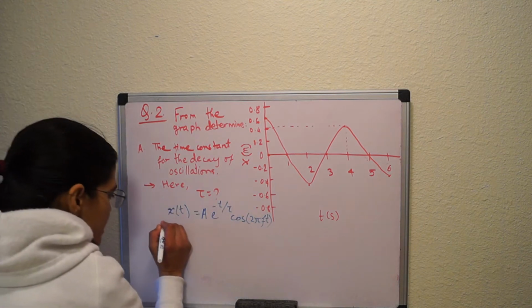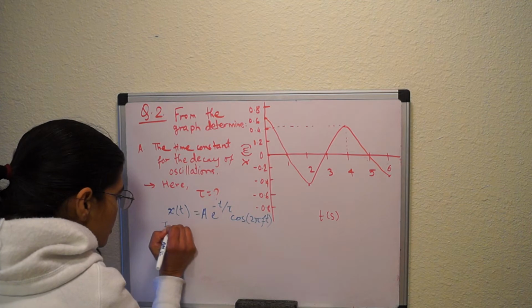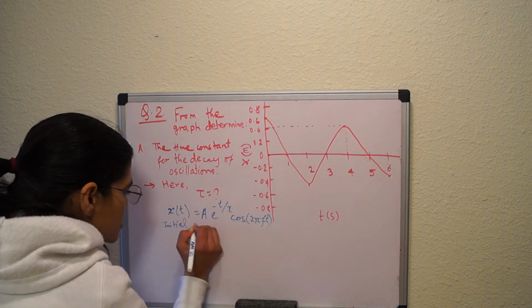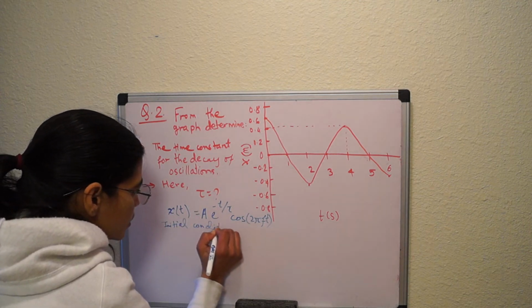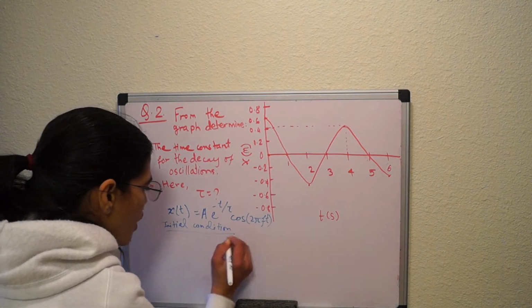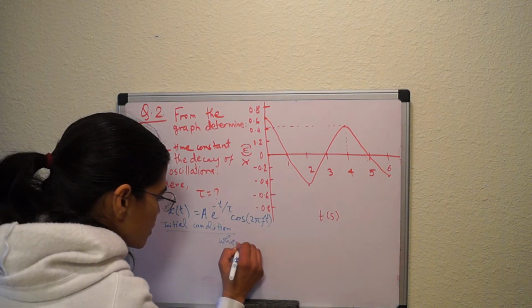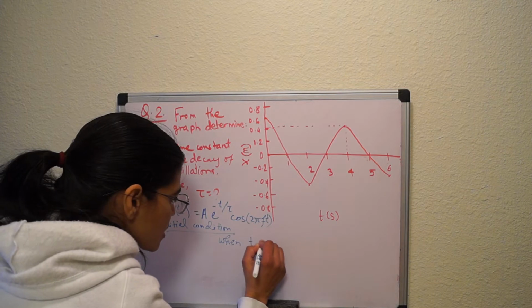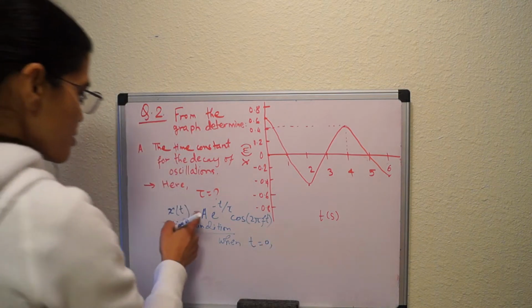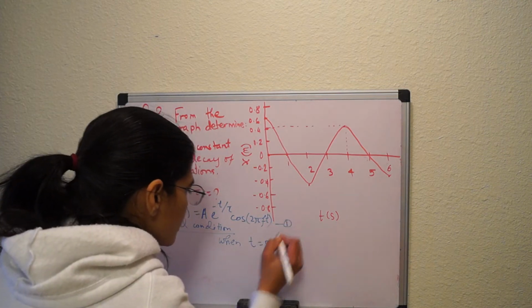So let's look at the initial condition, meaning when time t equal to 0, what happens to this equation 1? Let us see.